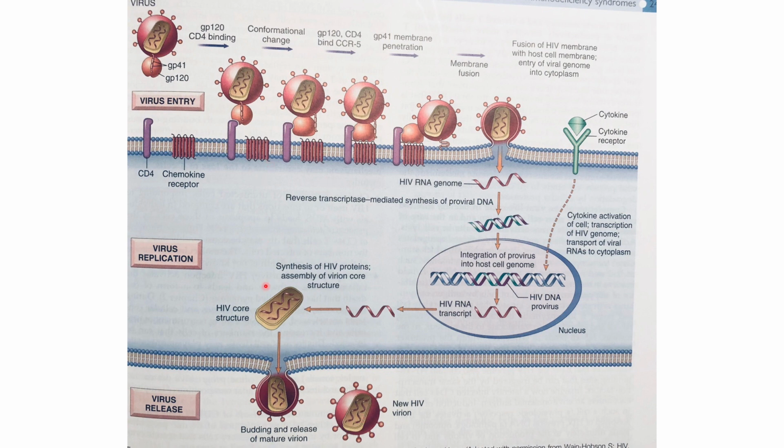This is an accelerated, amplified process, and this leads to the death of the cell in question. So there's viral entry, viral replication, viral release, and this is mediated with cytokines and cytokine receptors, and this activates the cell with transcription of the HIV genome.